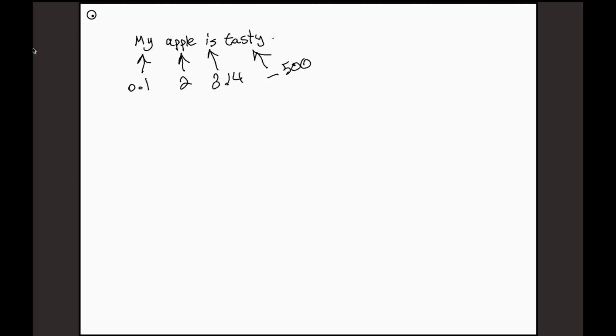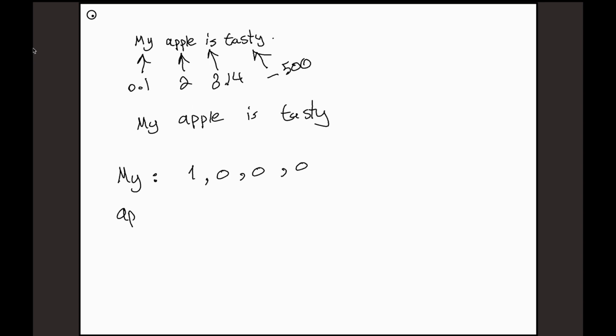Another way to do it is even worse than that, and that is looking at the entire dictionary and doing one-hot encoding. For example, imagine your dictionary has only 4 words: my, apple, is, and tasty. So for "my," you have 1, 0, 0, 0.